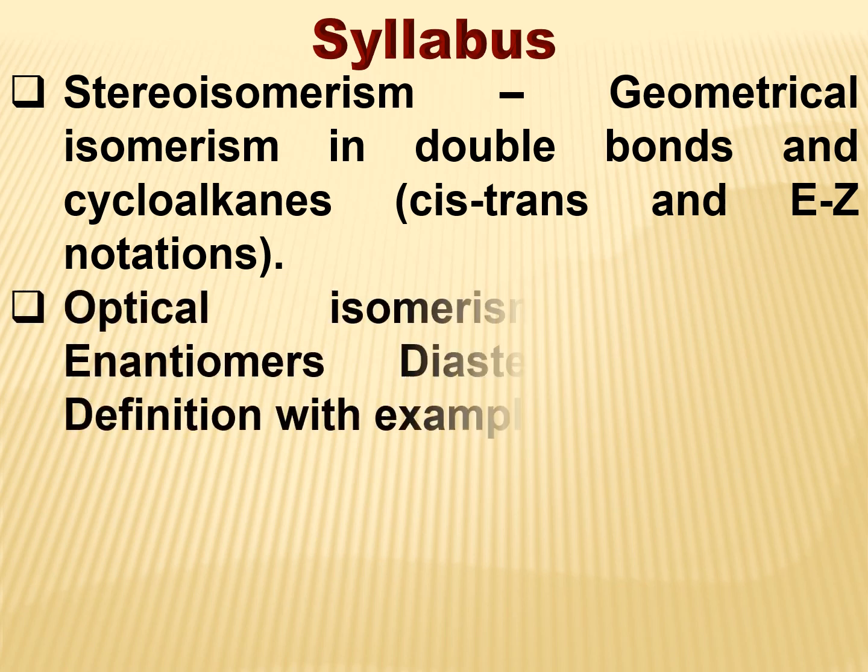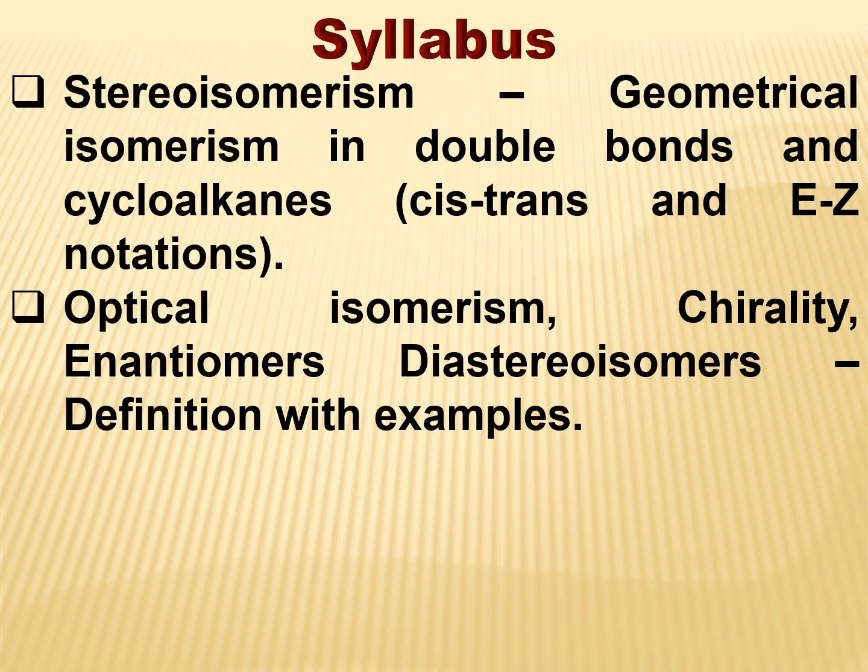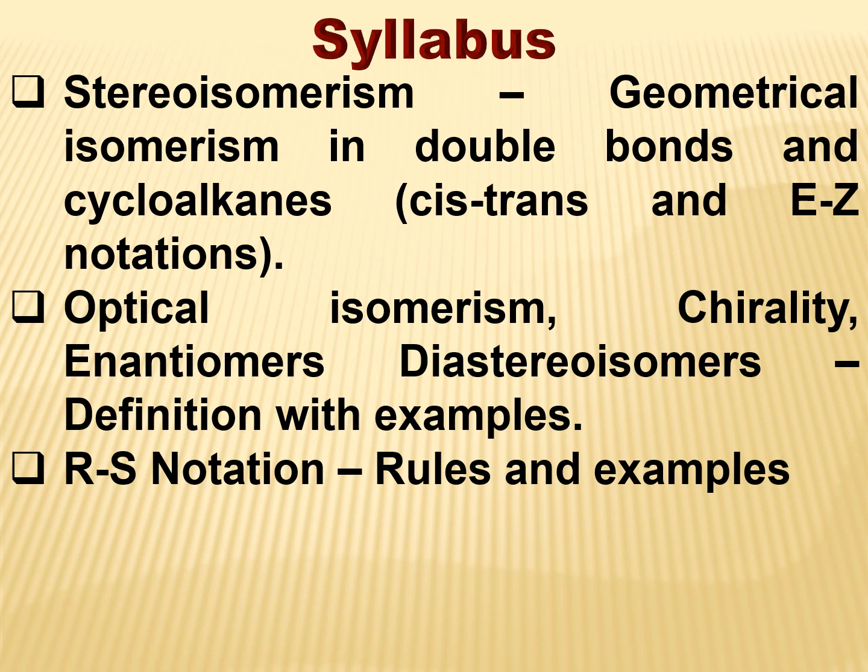And then we move on to optical isomers, where we will be learning about chirality, enantiomers and diastereomers. Now enantiomers and diastereomers are different types of optical isomers. And then we'll be looking about the R and S notation, R and S system of naming optical isomers. That is similar to the EZ system.